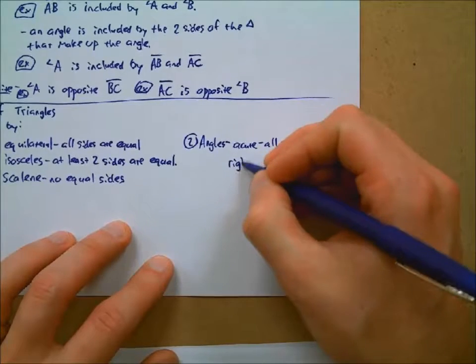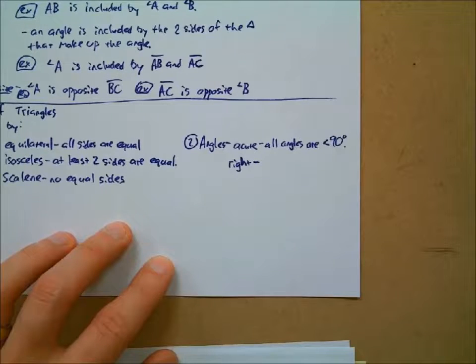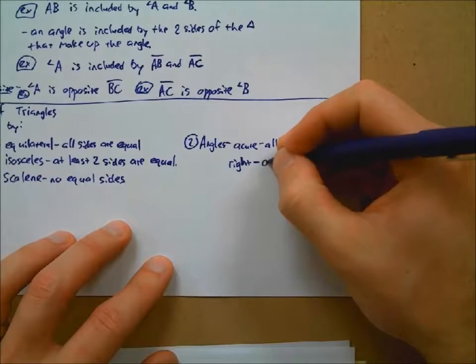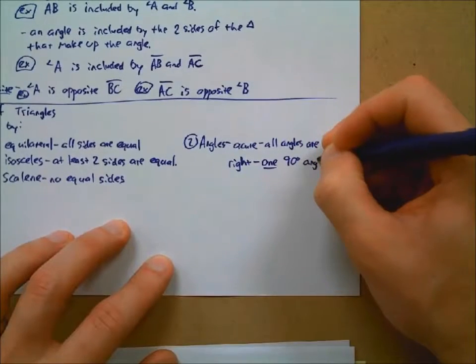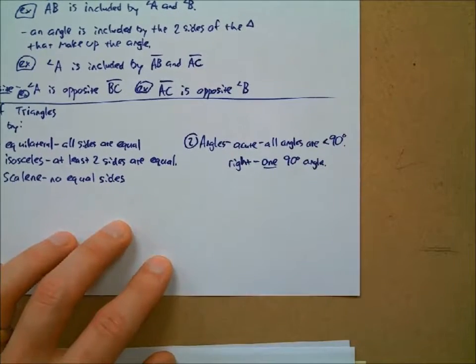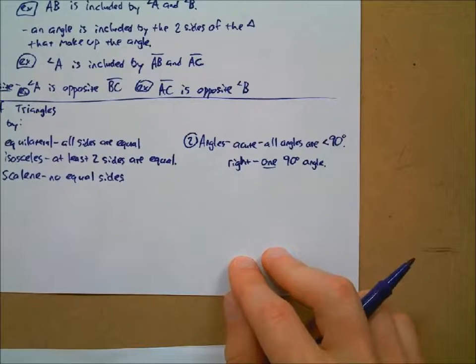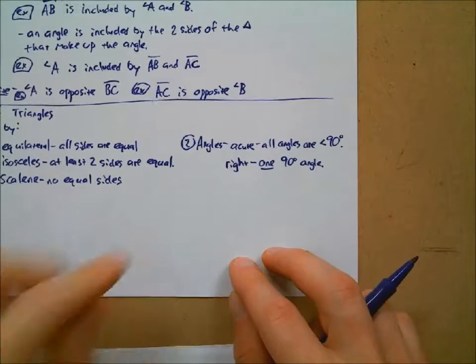We call a triangle a right triangle. It's a right triangle if we have what? One 90-degree angle. So even if we have two other angles, as long as we have one 90-degree angle, we've got a right triangle.